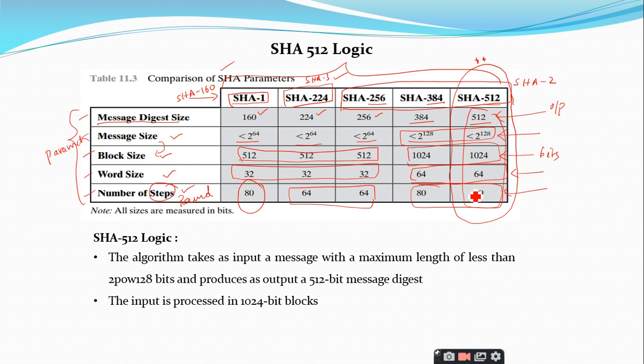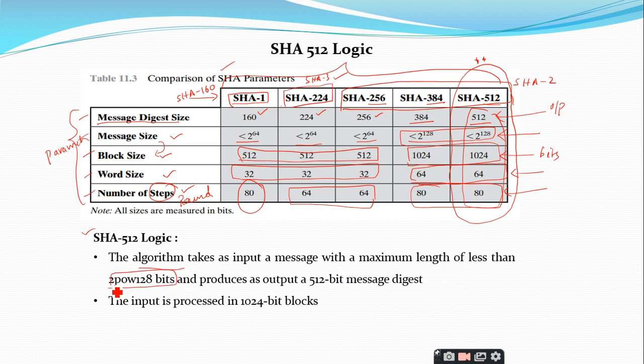Once we are clear about these various parameters of different SHA versions, let us have a look at the SHA-512 logic. Very important. The SHA-512 algorithm is going to take an input message with a maximum length of less than 2 power 128 bits.